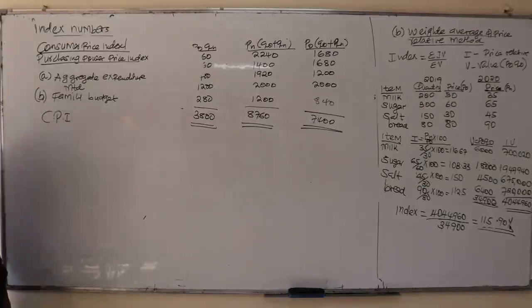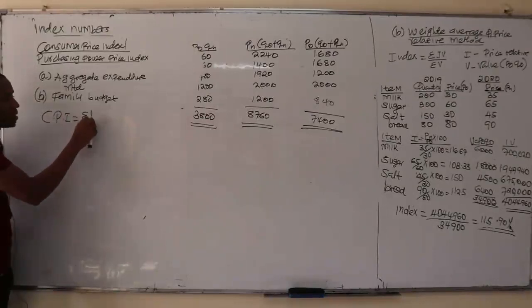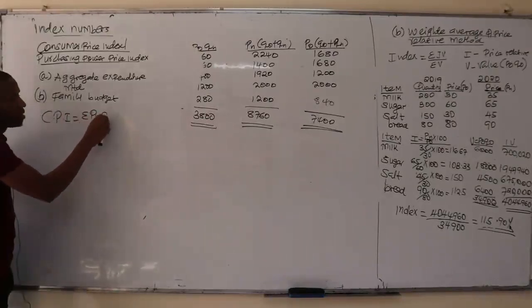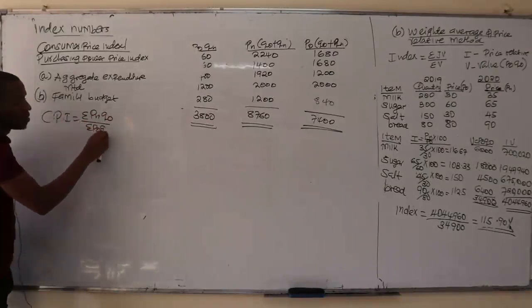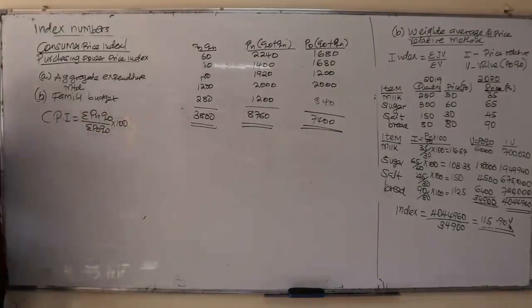Are we together? The aggregate expenditure method is just the Laspeyres. How do you get the Laspeyres? Sum of P1 Q0, you divide by sum of P0 Q0, and you multiply by 100. Are we together? Yeah, that's it.